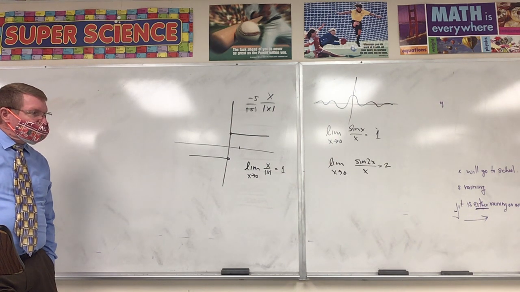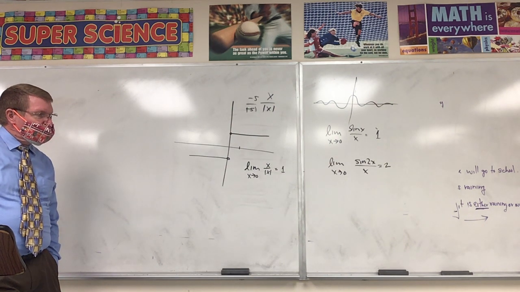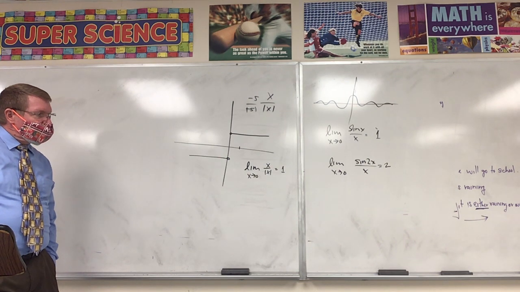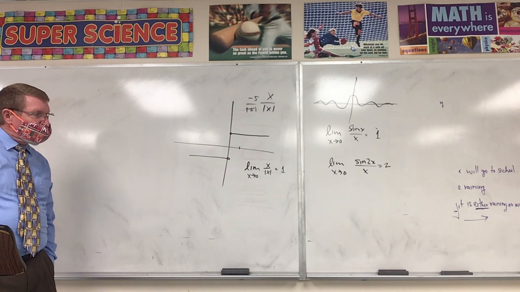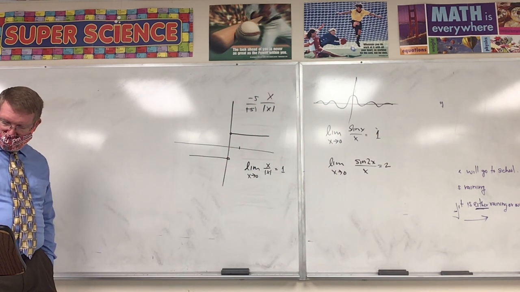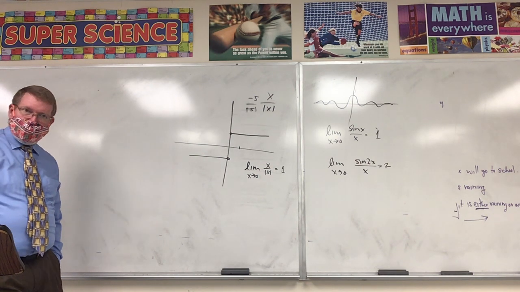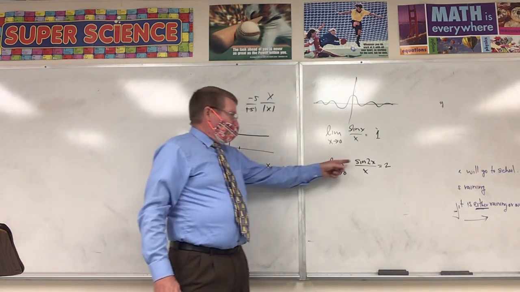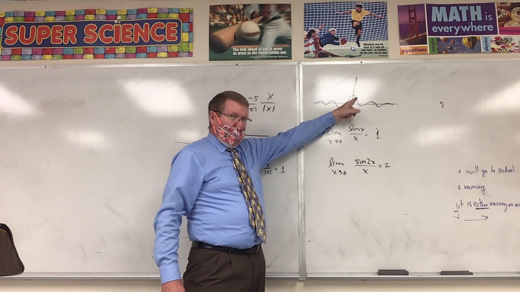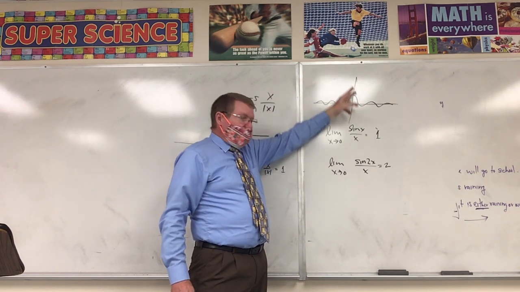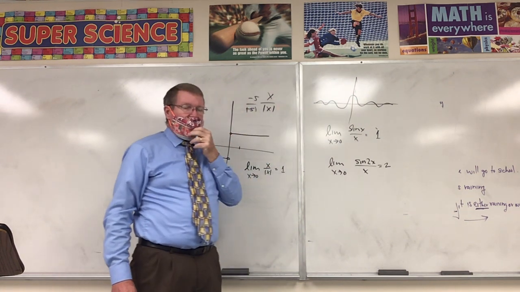I did that because I got the right answer, but I guess that's the only time. So if you did sine 2x over x, that hump would be at 2, then 3 would be at 3, and at 4 that hump just gets bigger and bigger.